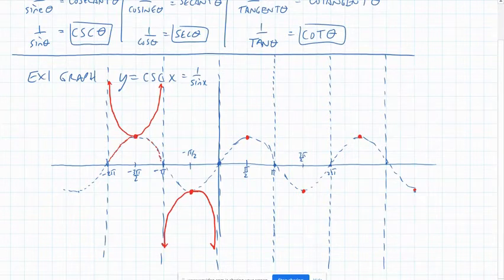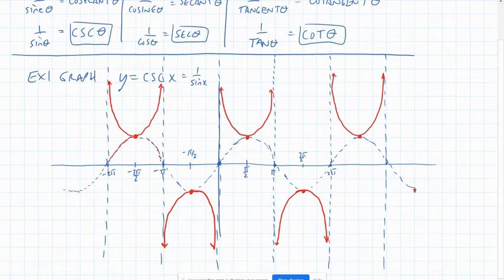If we continue doing that on each interval, this pattern just keeps repeating itself. So small sine values make large cosecant values, and large sine values make small cosecant values. And that red graph is what our graph of cosecant looks like.